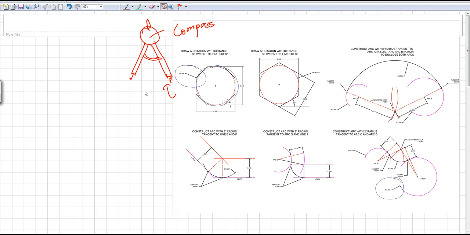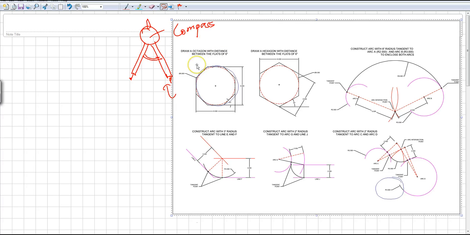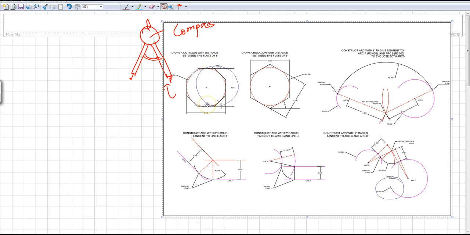Okay, so let's do another example where I would be drawing an octagon. The one that you see on this side, I'll be drawing an octagon with the distance between the flats of 6 inches. Okay, so flats are the flat surface that you see on the top and bottom, side and side, right?